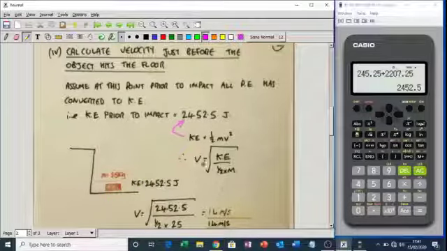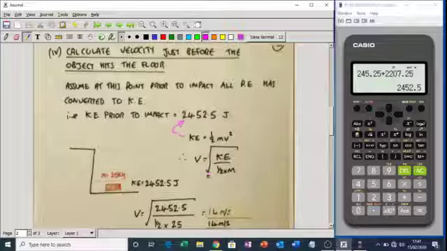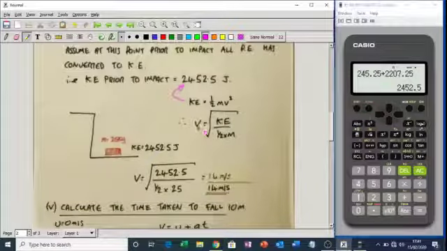That's the formula. I've rearranged it. I brought the half m down, and then I've square rooted to get rid of the square. So v equals the square root of KE over half times m. m is 25 and KE is this. Put that in your formula.